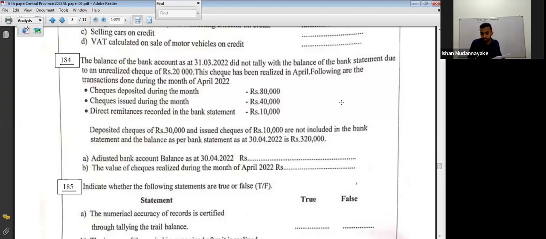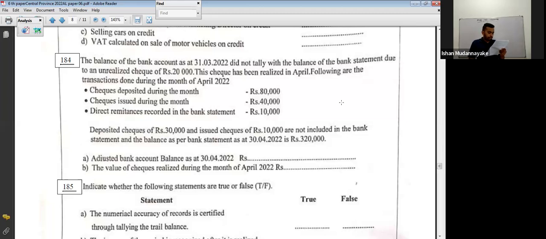Bank account balance equal to bank statement balance. And this check has been realized in April, and after realizing that check, the cash account balance is equal to the bank statement balance.